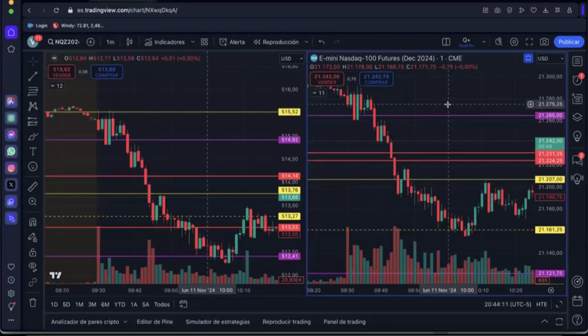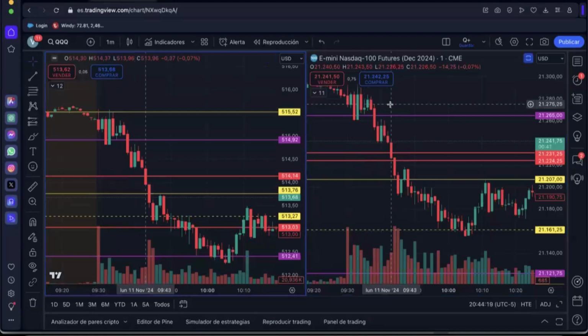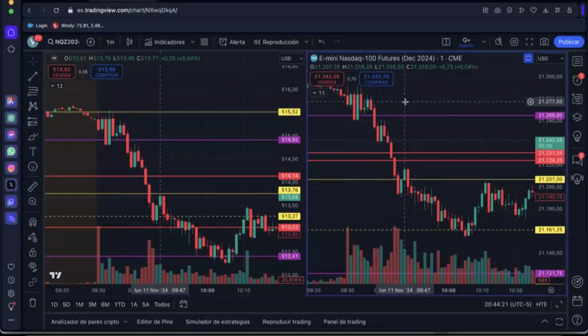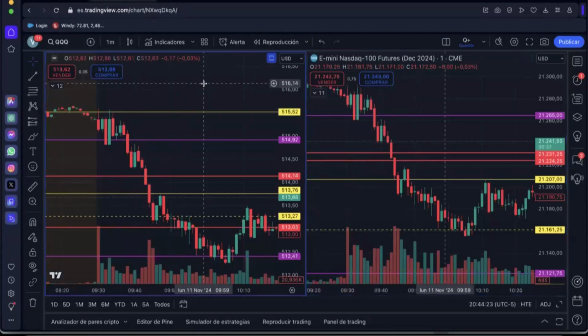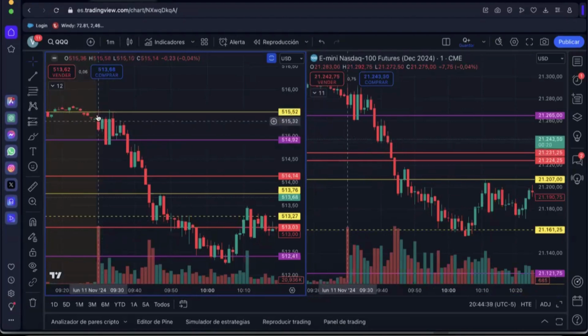Regarding the trade that we took this morning, okay? So 1 minute time frame, QQQ on the left side, and we have NQ on the right side. Like I said before, it's mandatory to have these two together, okay? This is my normal setup for trading, okay? QQQ and NQ. So when we open New York here, right?